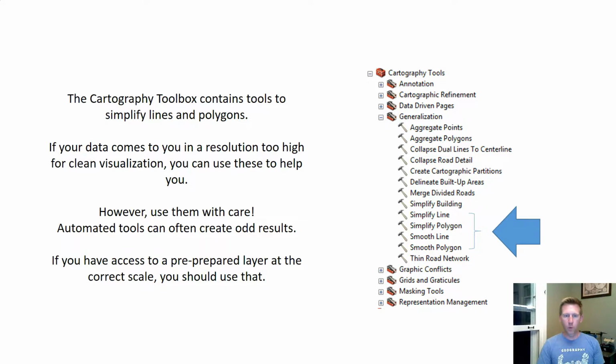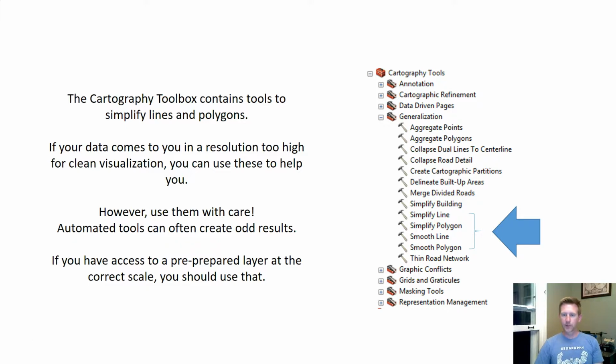As part of your Notebook 1, you're going to be using some of these tools. You're going to be using Simplify Line, Simplify Polygon, Smooth Line, and Smooth Polygon. These are a couple of different ways of taking high resolution data and making it more suitable for visualization at a smaller map scale. You do have to be a little bit careful. Automated tools can create odd results.